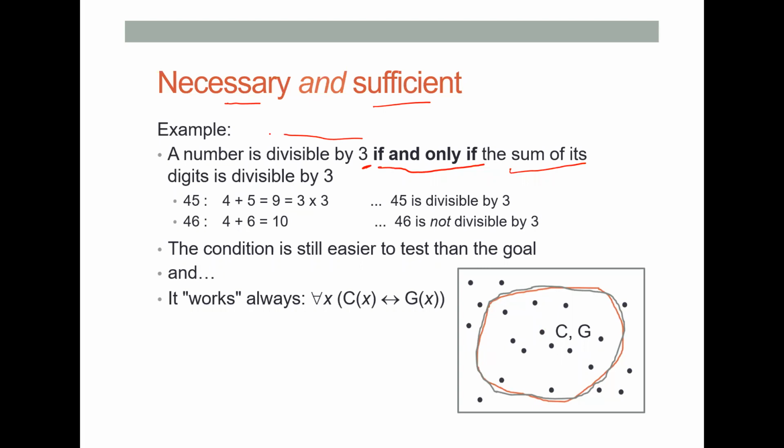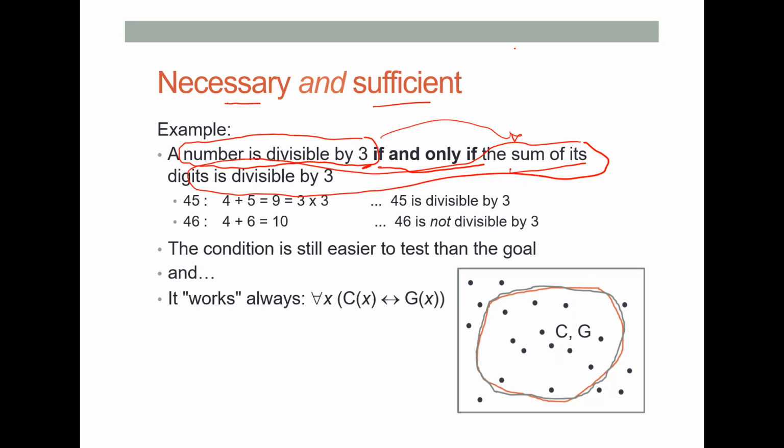The sum of its digits being divisible by 3 is sufficient to show the number is divisible by 3. And if the sum of the digits is not divisible by 3, then the number is not divisible by 3.